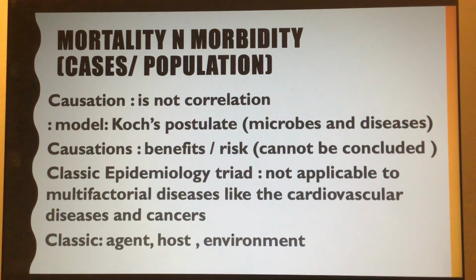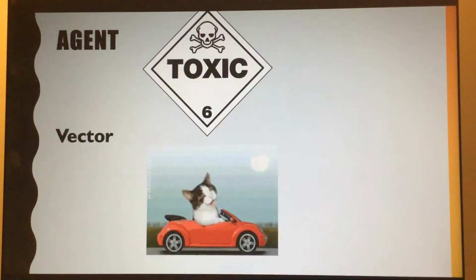The classic epidemiological triad includes the three components of causes, which are agent, host, and environment. Remember, the classic epidemiological triad is not applicable to multifactorial diseases like cardiovascular disease and cancer.